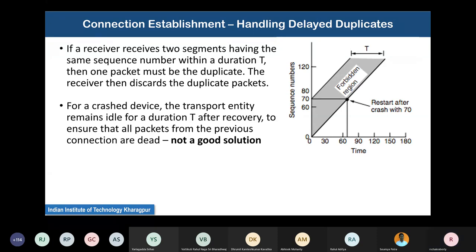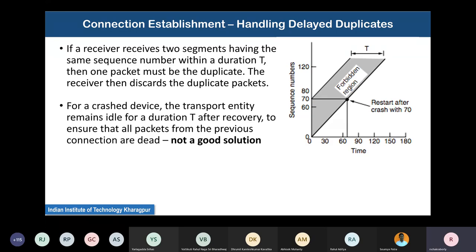One of the ways to solve this problem is that suppose the device crashes and you make it wait for a time duration t, so that all its packets which had originated from it either reach the destination or die down in the network, and then you start a new connection.